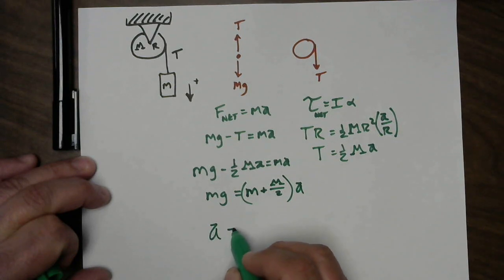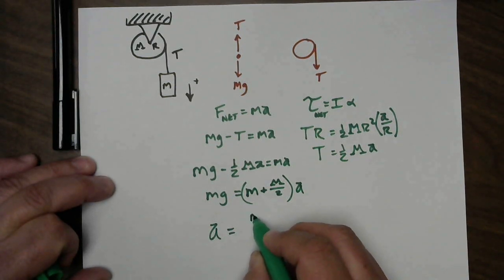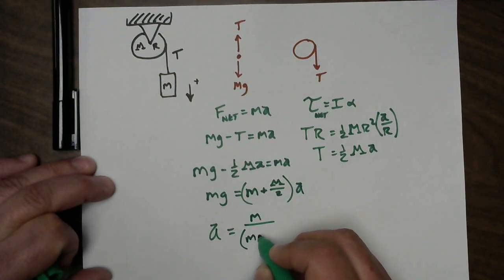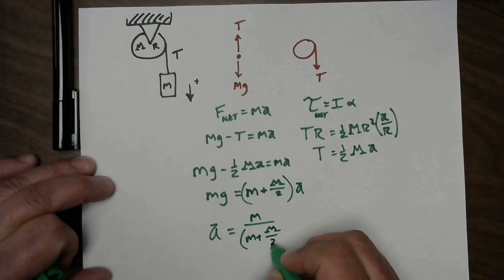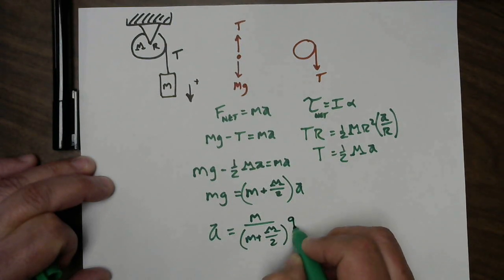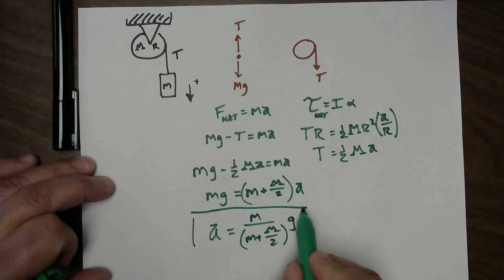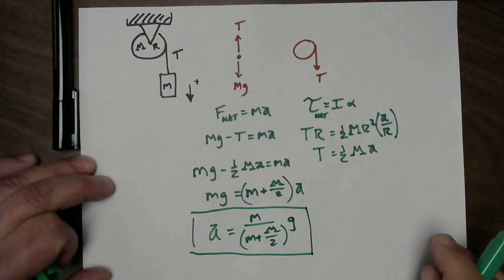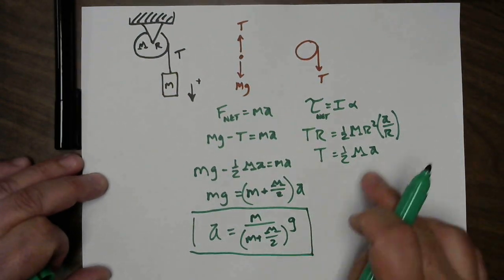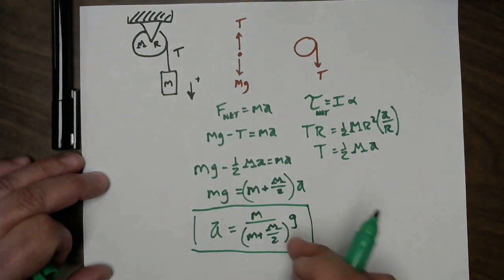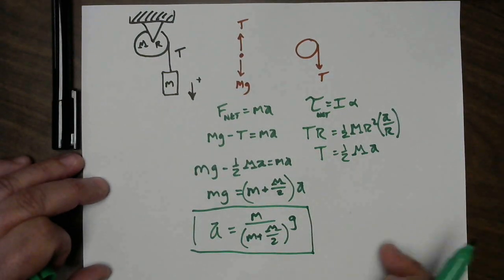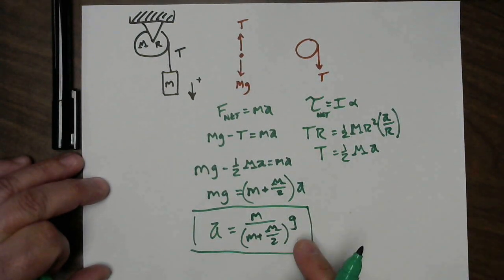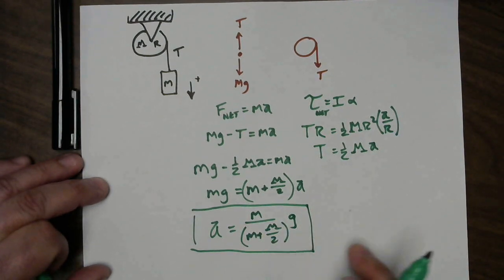Thus, a for this system is going to be little m over little m plus big M over 2, all times g. Fun times. And of course, if they ask us for the tension, we can just put that back in. If they gave us numbers, we could put those in. But we're going to have an acceleration that's less than g because the denominator is bigger by half the mass of the pulley.